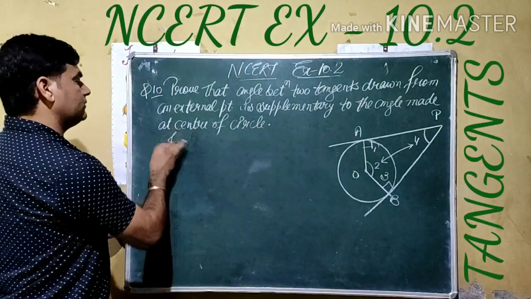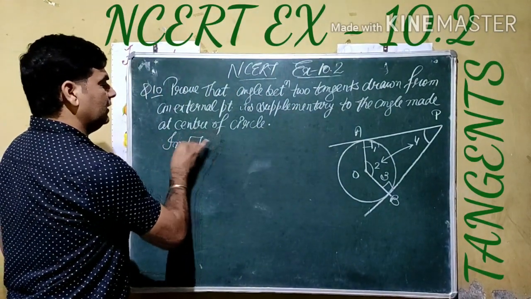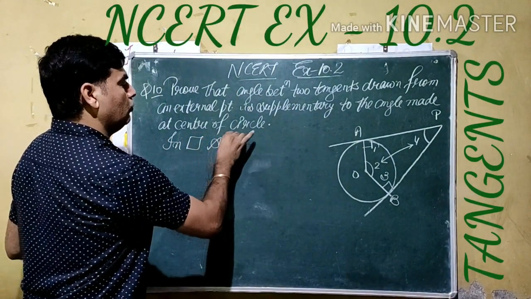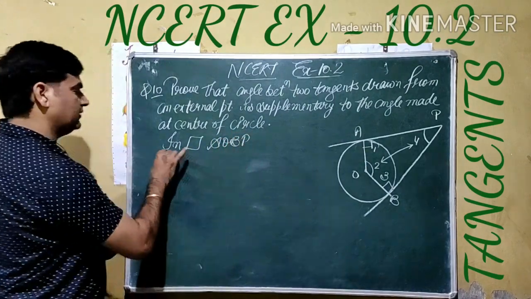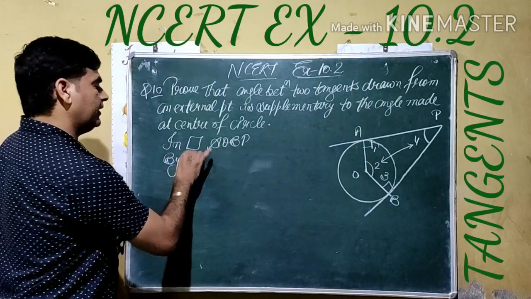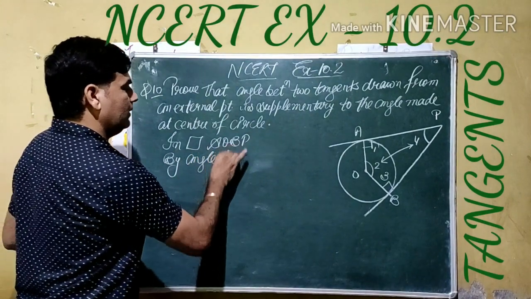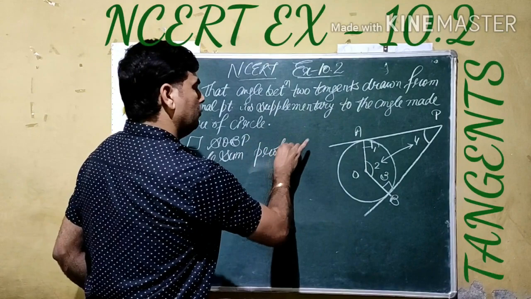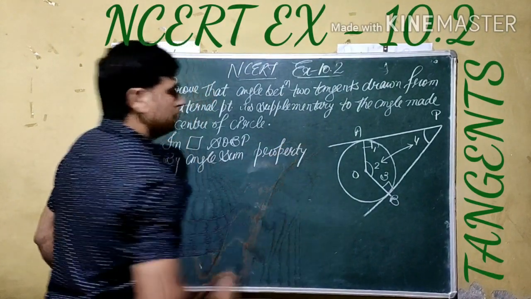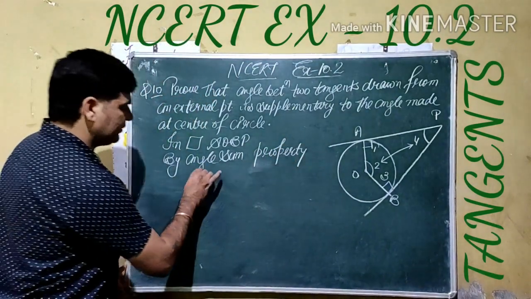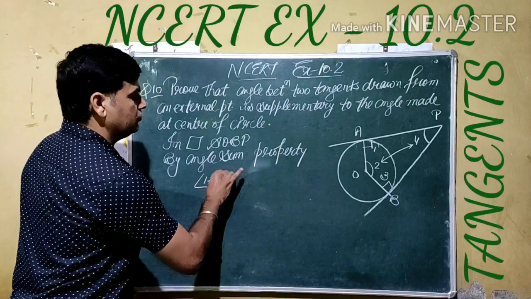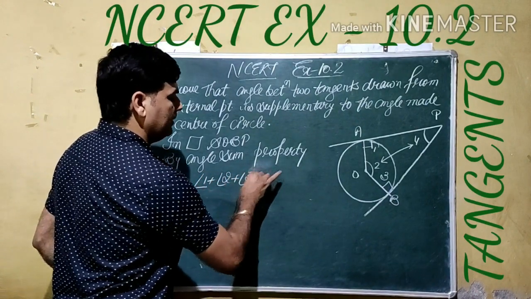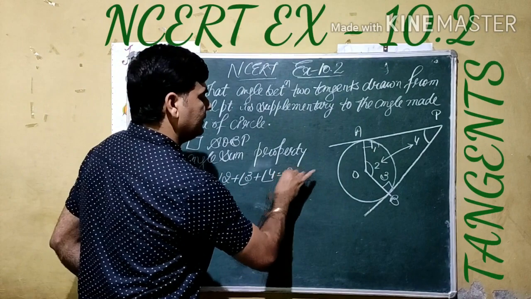So here in quadrilateral AOBP, we are using the angle sum property. By the angle sum property, as we know, it is a quadrilateral, so the sum of all angles should be 360. Means angle 1 plus 2 plus 3 plus 4 is equal to 360.